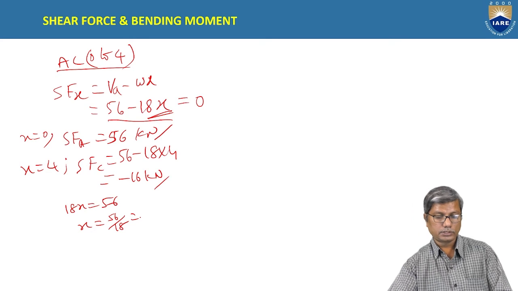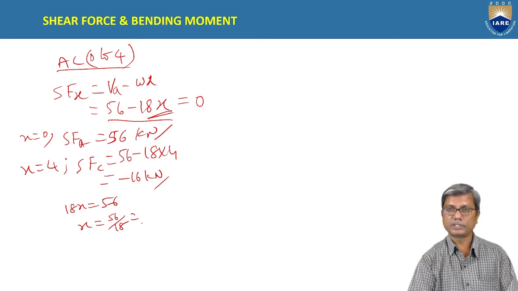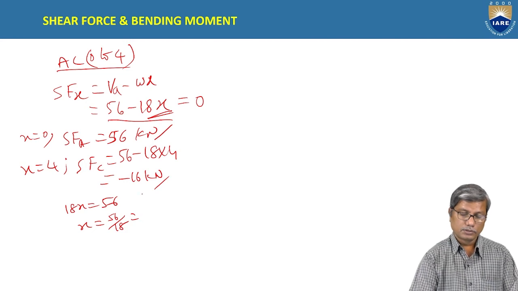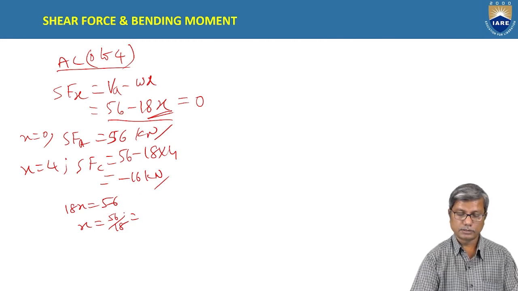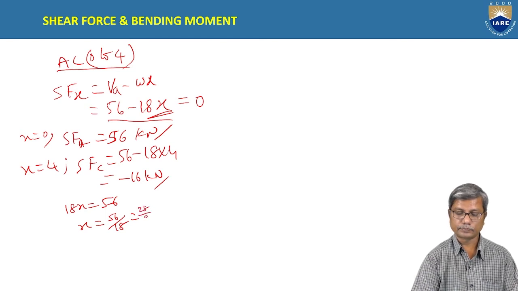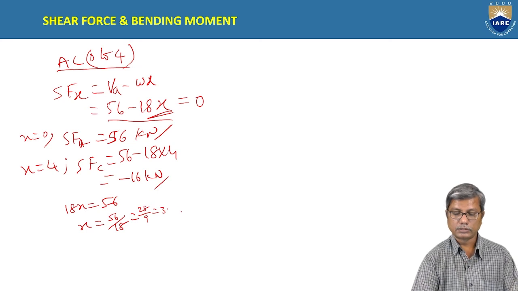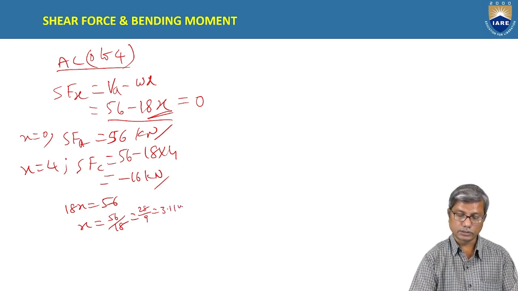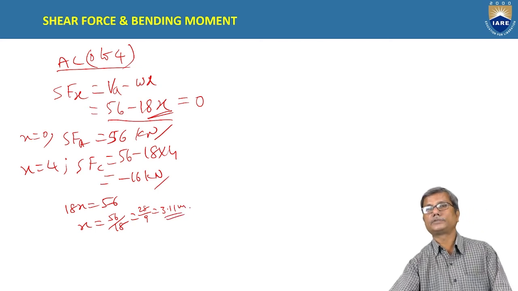So this you will get 56 by 18, whatever it may be, it is 28 by 9. So it is 3.11 or something. You will get 3.11 meters.